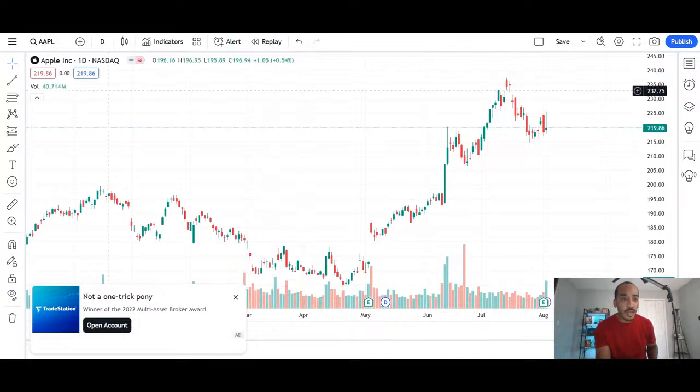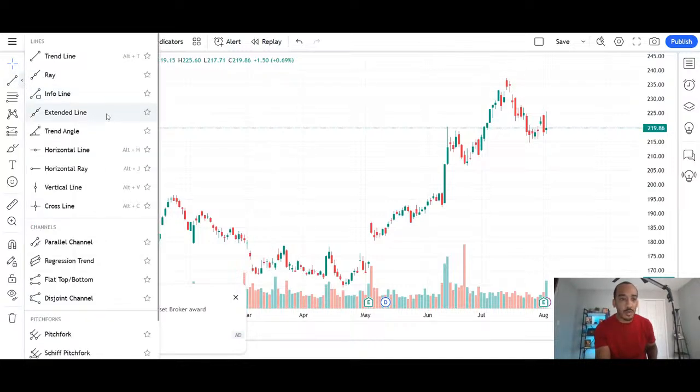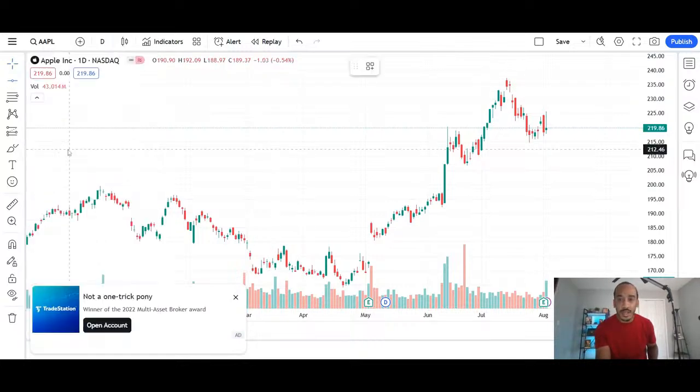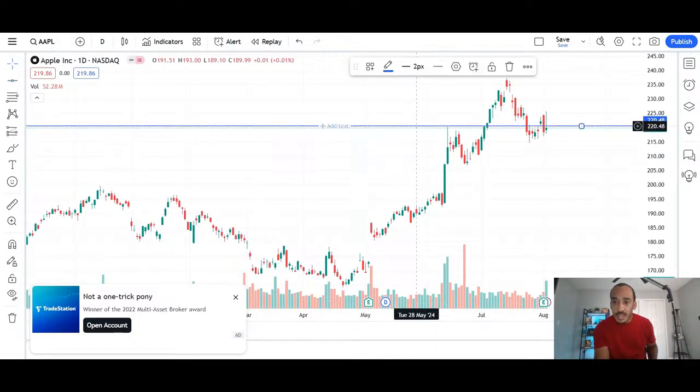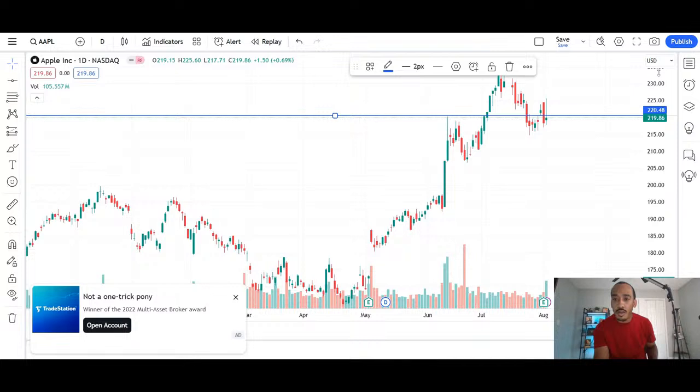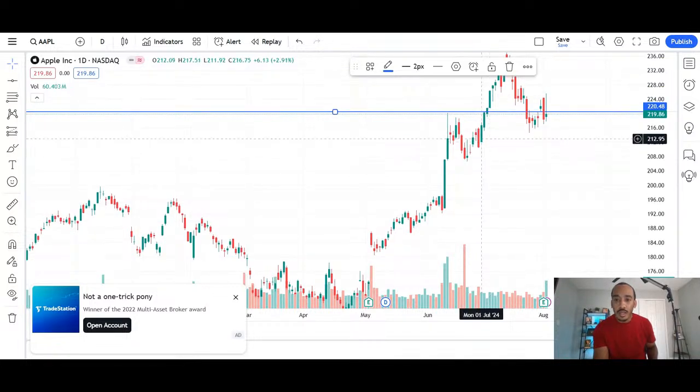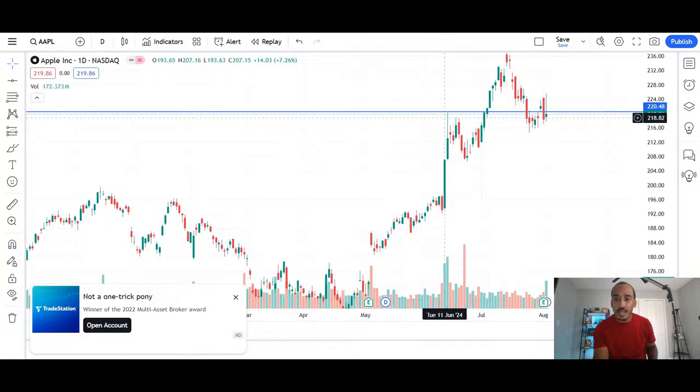Just based on the wick, I'm going to draw a level of support, and we're going to see if the stock respects that level, right? So we got that long wick. The market smacked that candle back down, right? So just by drawing that one line, you leave that on your chart and you see, okay, the market touched it. The market touched it here.